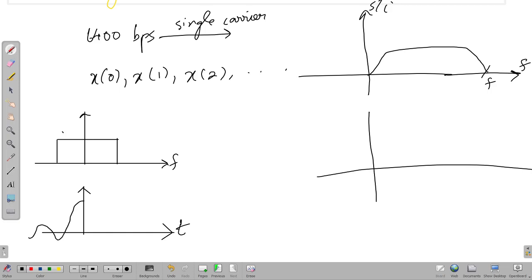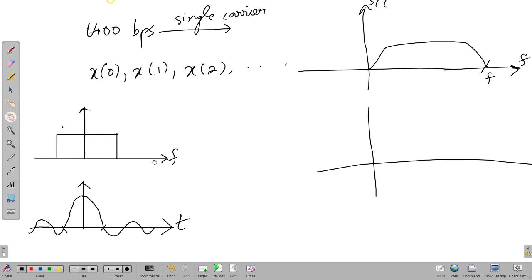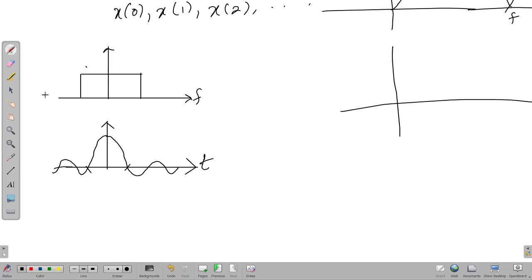You will have the sync pulse, and the sync pulse will have some time duration. Suppose this time duration is denoted by t, and this is minus t, and let's say this is b and this is minus b.